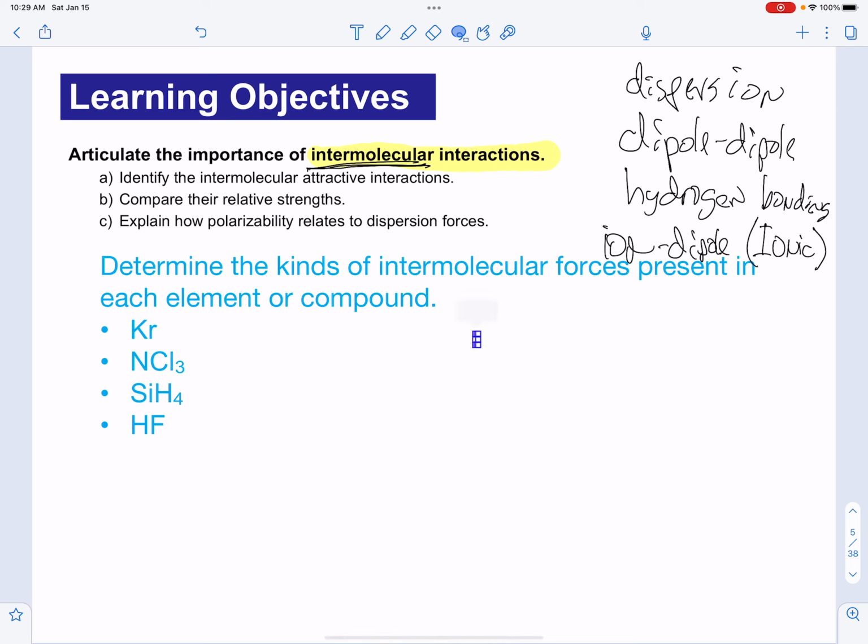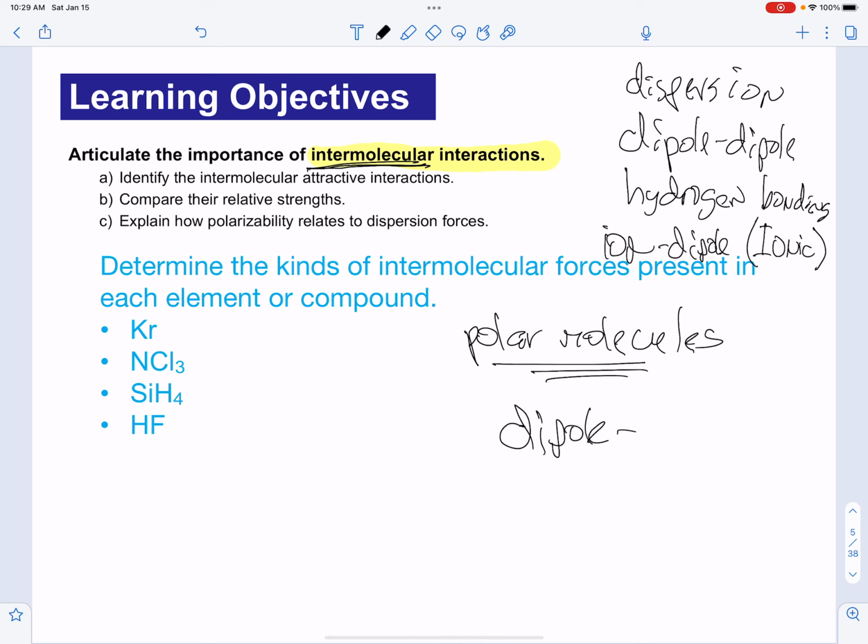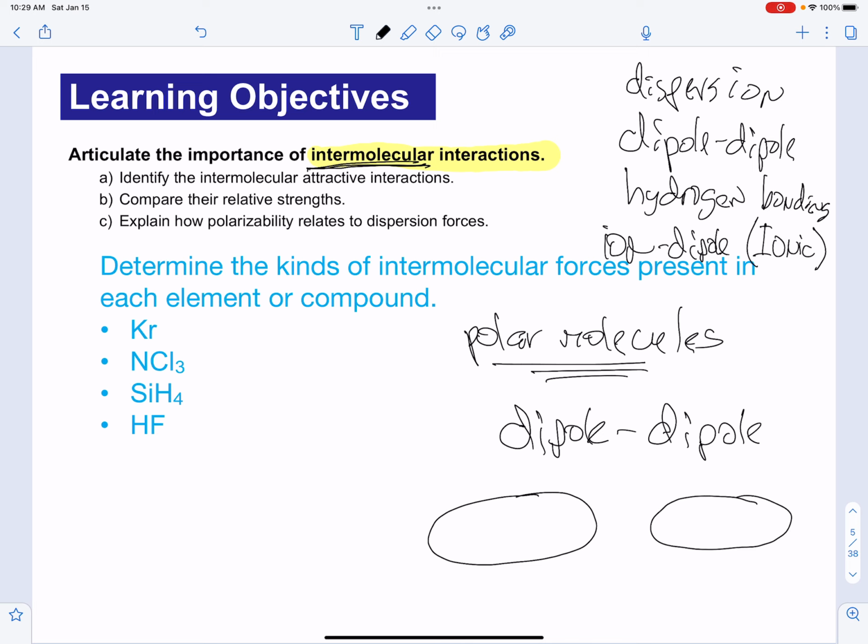So we need polar molecules to be able to have dipole interactions. So once more, you're going to need one molecule that is a dipole in close proximity to another molecule that is also a dipole.